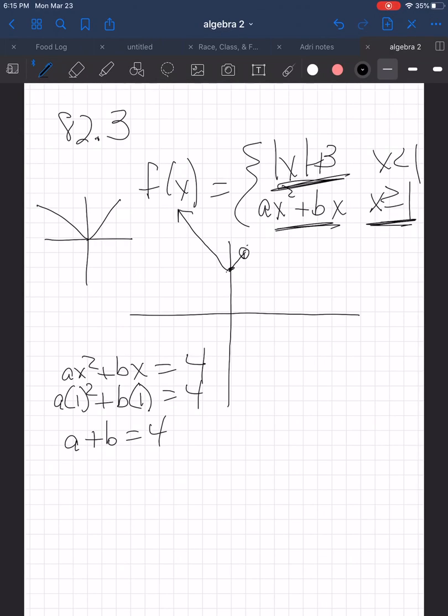Now, in order for this to be differentiable, remember, the derivative on this side has to be equal to the derivative over here. So we know that on this side, the equation of this line right here is just x plus 3. So this would be f of x is x plus 3. So then f prime of x is going to be positive 1. Which means in order for this to be continuous, the derivative on this side also has to be positive 1. So let's take the derivative of this function.